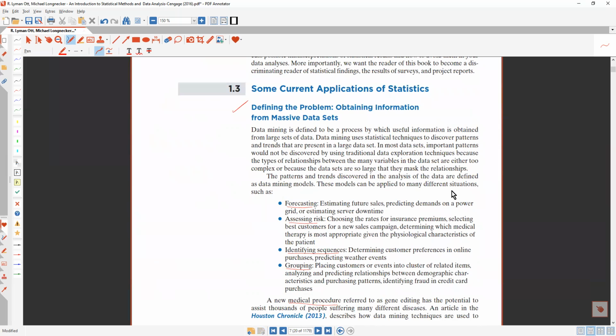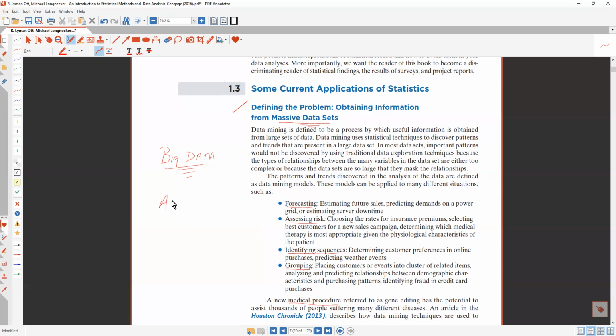More applications of statistics: defining the problem, obtaining information from massive data sets. These days, there's a big movement in statistics and computer science that deals with big data. The idea of big data is that, because of computing technology, a lot of observations can be collected.